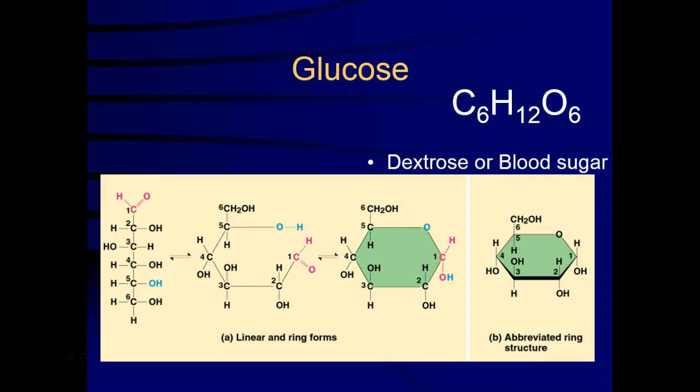If we took a sample of blood sugar and looked at it with a really powerful microscope, we're able to actually look at organic compounds now. They wouldn't look linear. They would form a ring. These monosaccharides will most of the time form a ring shape. And you can see our little ring form there.